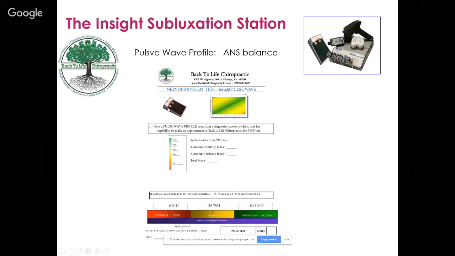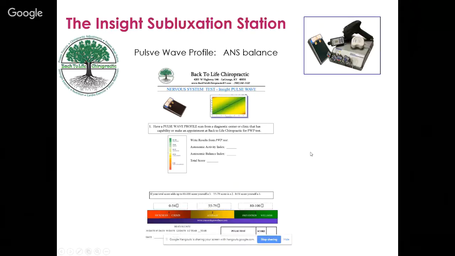You put your fingers in here, the middle finger goes there, there's a little sensor, and it reads your pulse. Like I said before, it's reading how much it varies, and the better it varies, the more your body adapts to stress. So that's a nice way to see if you're more sympathetic or parasympathetic or balanced. That's part of the Insight subluxation station that we do at Back to Life Chiropractic, looking at autonomic nervous system balance.